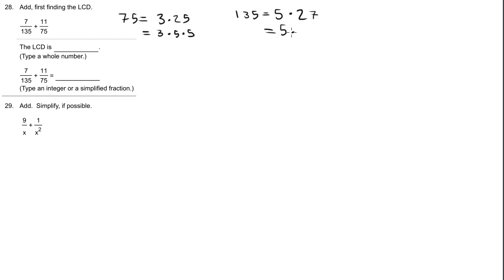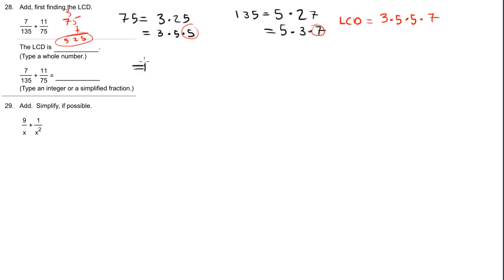This is 5 times 3 times 7. This has an extra 5. This has an extra 7. Our least common denominator is equal to 3 times 5 times 5 times 7, or 75 times 7, which is 525. 525 is our least common denominator.